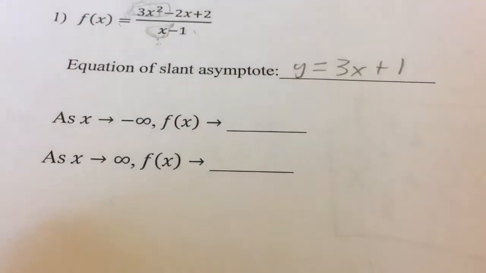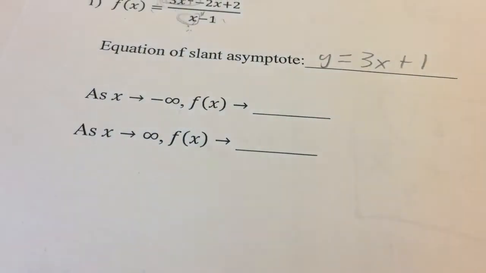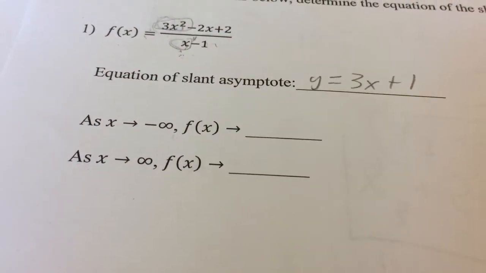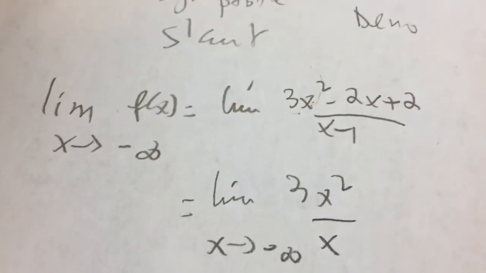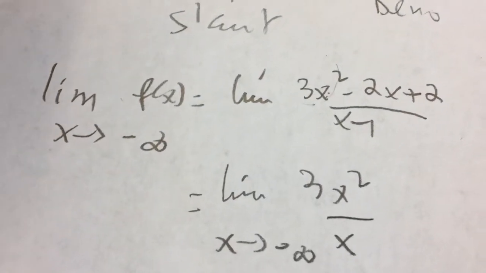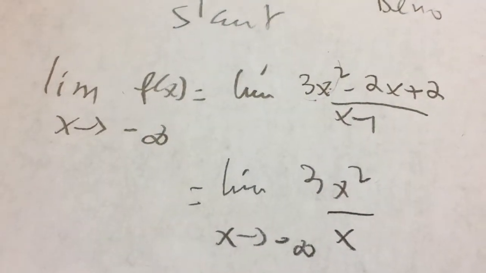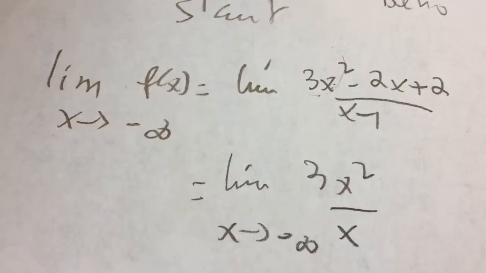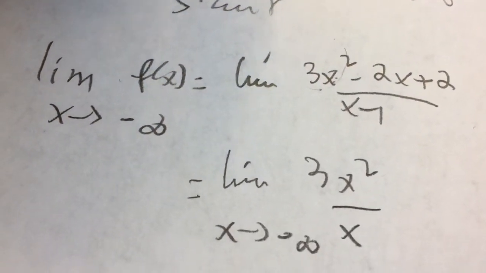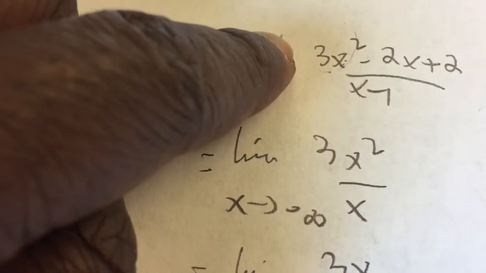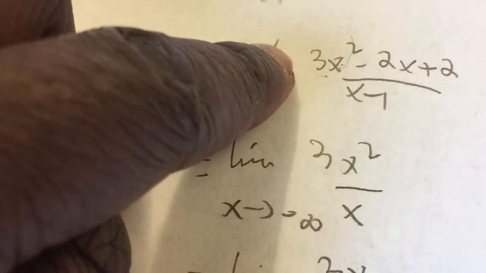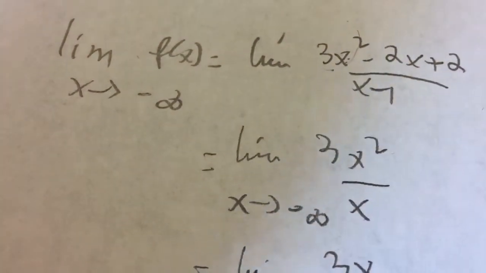Got it? The next thing we want to do is find the limit as x approaches negative infinity and positive infinity, right? We have the limit of the entire function, which is 3x squared minus 2x plus 2 over x minus 1. We talked about simple rational functions last week, and what we do is figure out the term with the highest degree in the numerator, which in this case is 3x squared, and we do the same thing with the denominator, which is x.